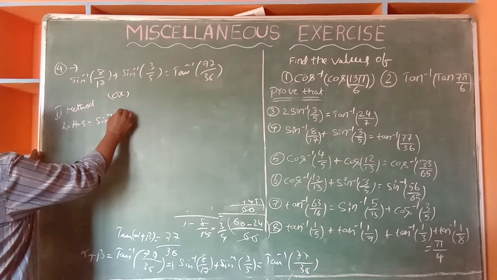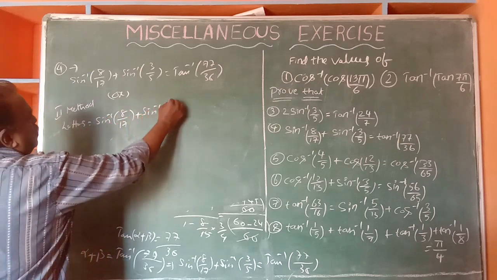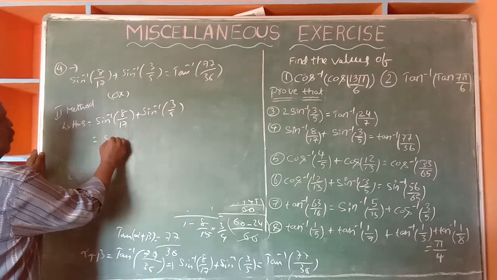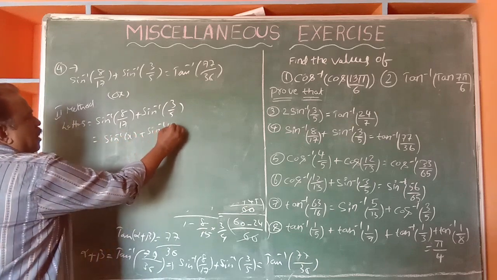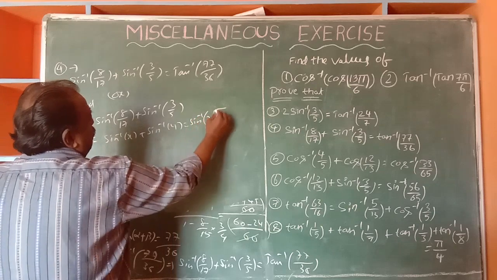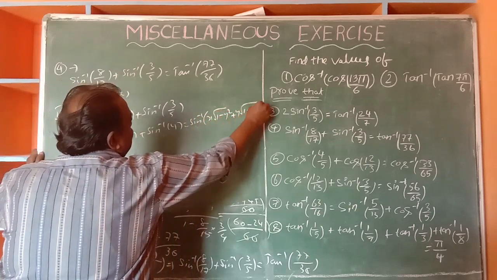It is sine inverse 8 by 17 plus sine inverse 3 by 5. One formula is there: sine inverse x plus sine inverse y is sine inverse of x root 1 minus y square plus y root 1 minus x square.